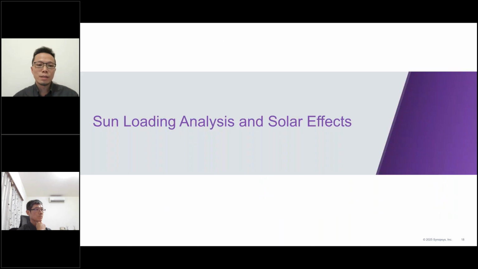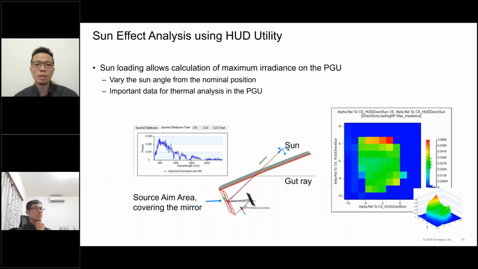And the last part, I'd like to introduce the sun routing and analysis and solar effects. In our HUD utility tool, it can help you to create a sun source directly.